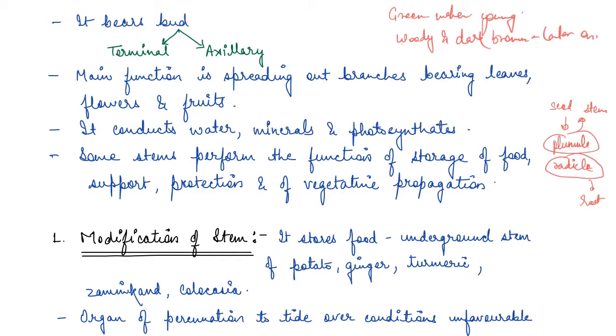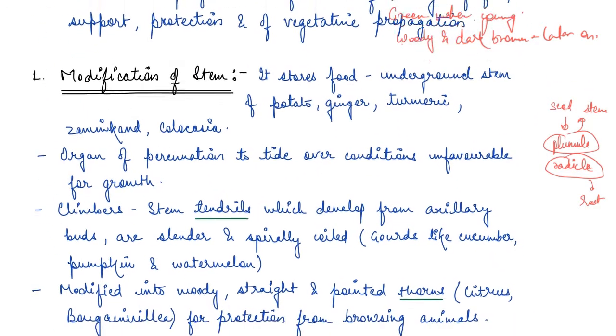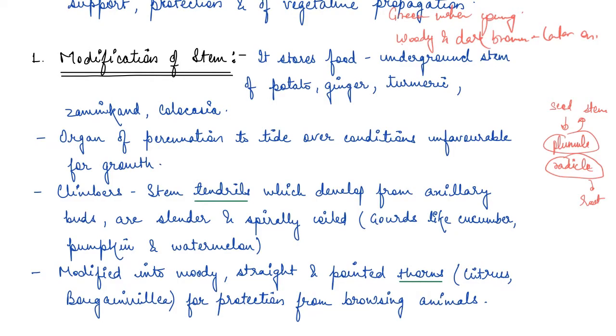Okay, now what are the modifications of stem? So basically, one modification of stem is the one that we have seen, that it stores food, right? So there are sometimes underground stems of many plants which give food. So as you can see, the stem may not always be typically like what it is expected to be, and it is modified to perform different functions, right?